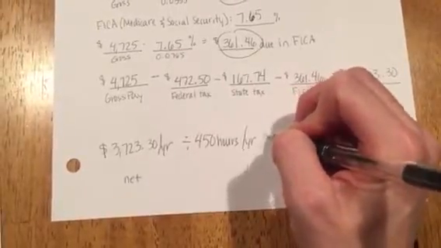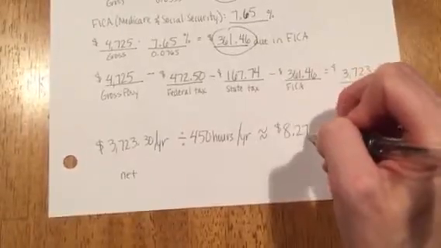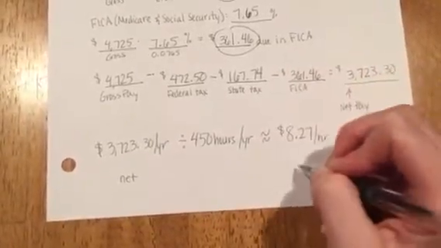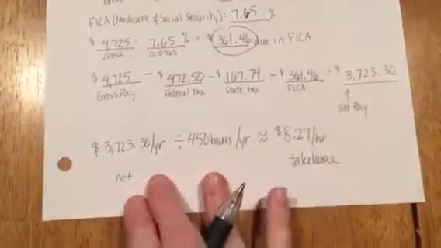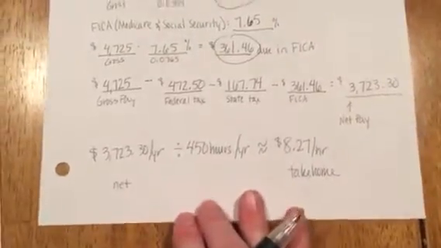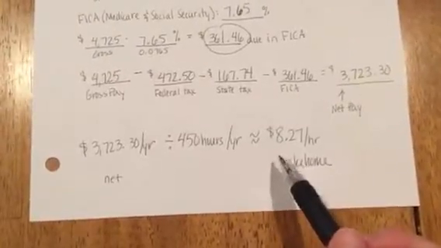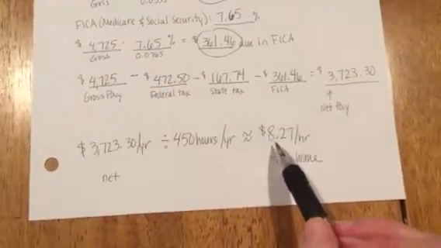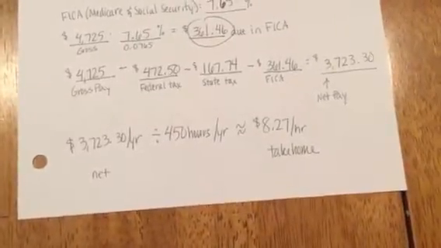You would find that they actually were earning approximately $8.27 an hour in take-home pay after the taxes were taken out. So we had said that they were making minimum wage of $10.50, but it really turns out that they're making more like $8.27 after they've taken out their taxes.